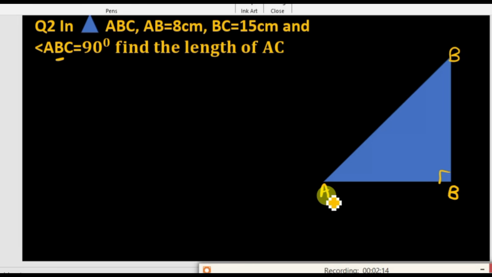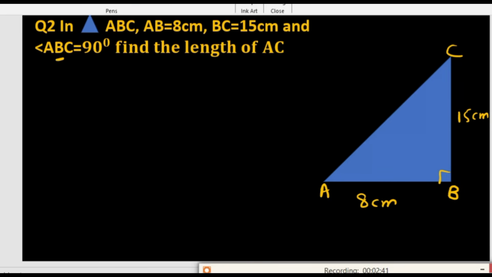Okay, putting the values: AB is equal to 8 centimeter, it's given. This is A, B, and this is C. AB is equal to 8 centimeter and BC is equal to 15 centimeter.